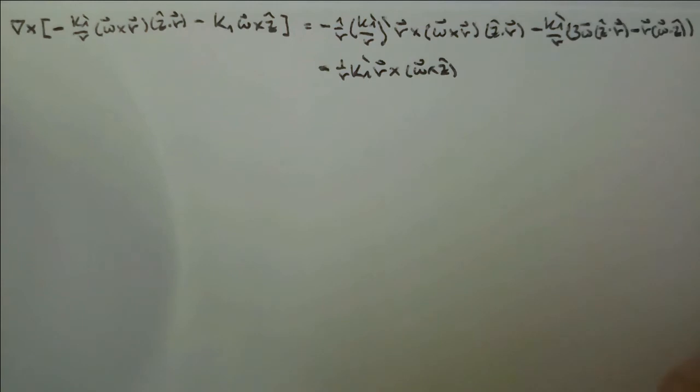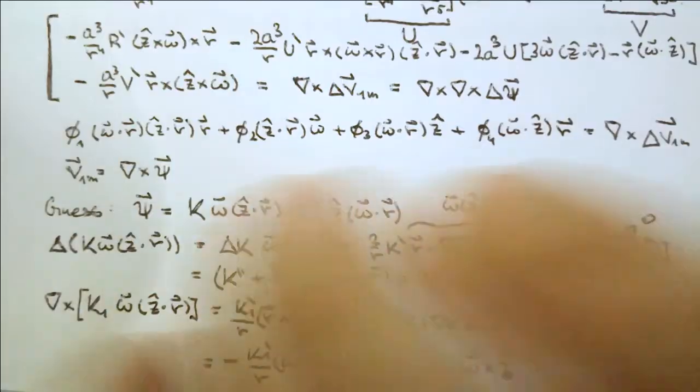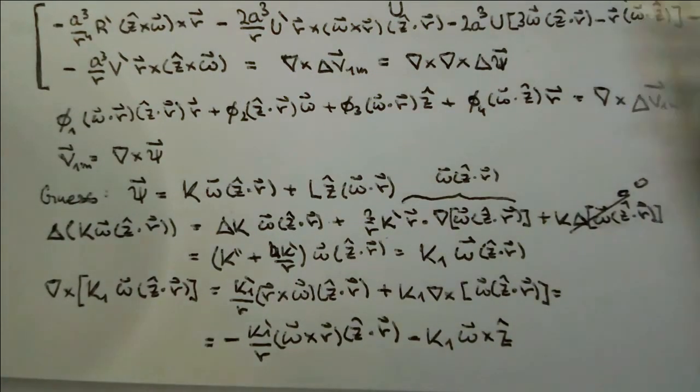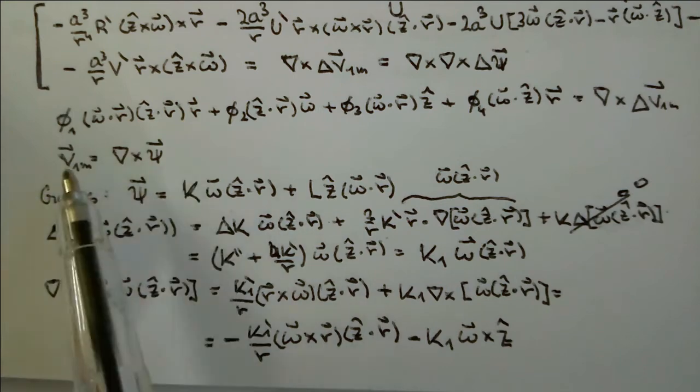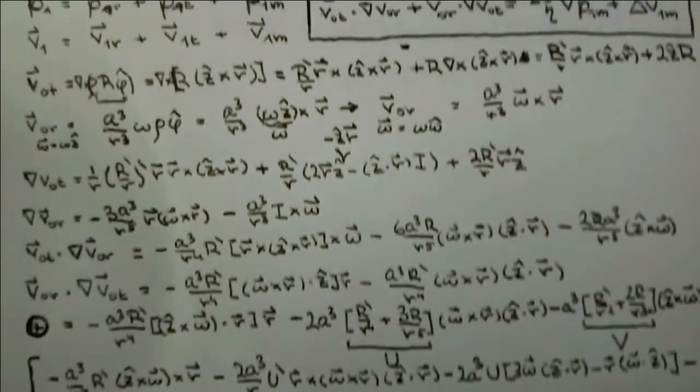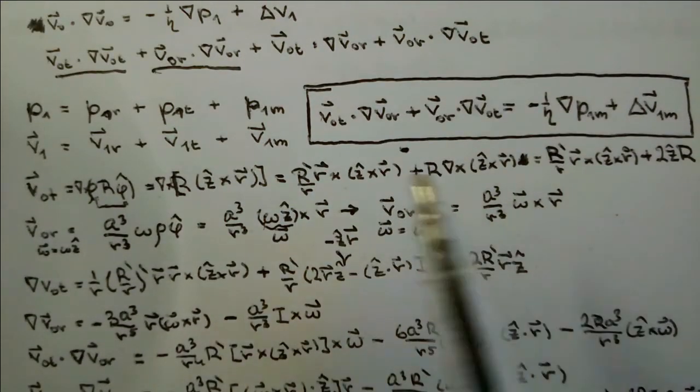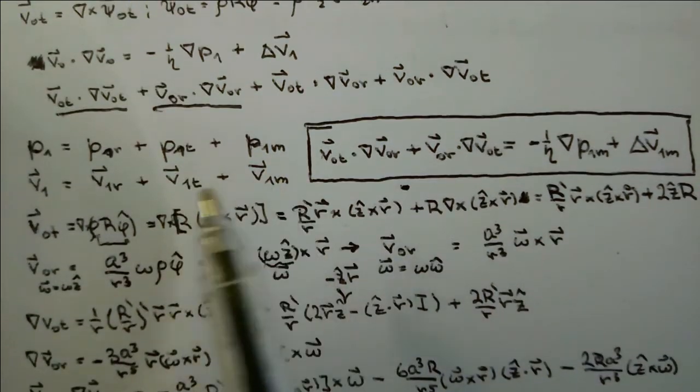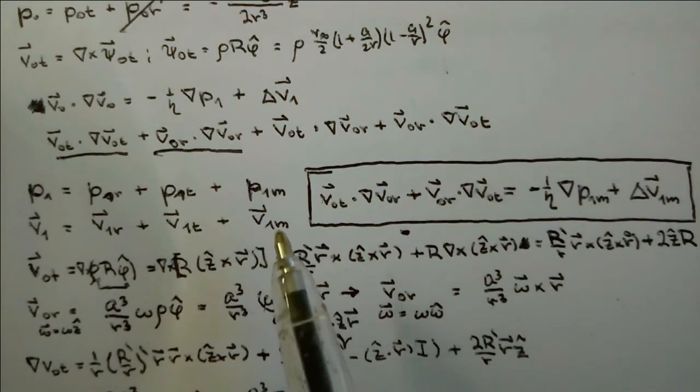What are the boundary conditions? I've told you that V1 is the curl of this, and V1M has its own boundary conditions, which are just 0.